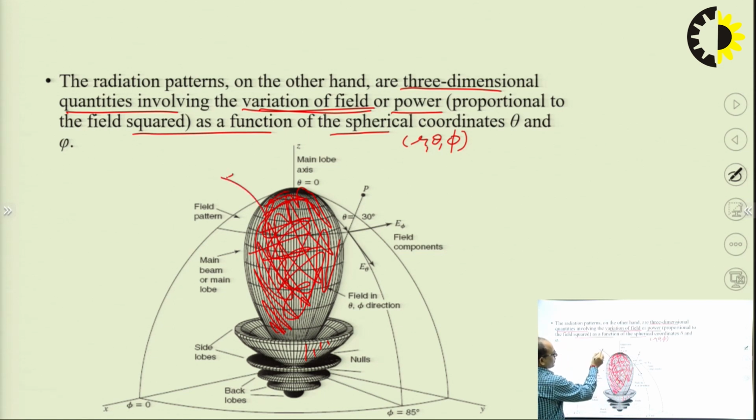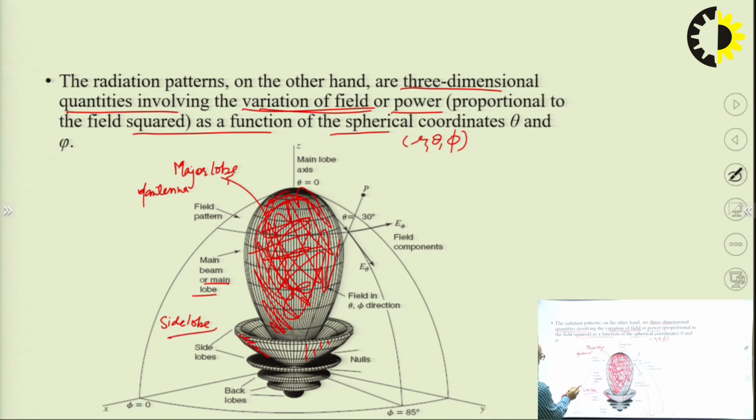So this one is, we can say, the major lobe of the antenna, where most of the energy is concentrated, or we can say this is the major lobe or the main lobe. Some low energy is concentrated in the other directions. The low energy concentrated in the other directions is known as the side lobes.